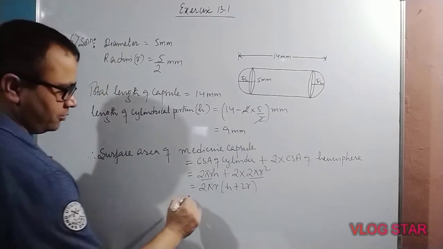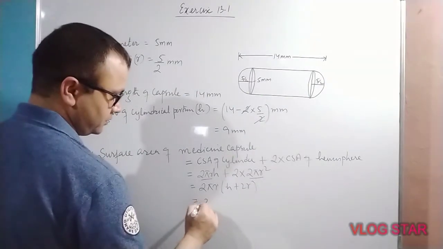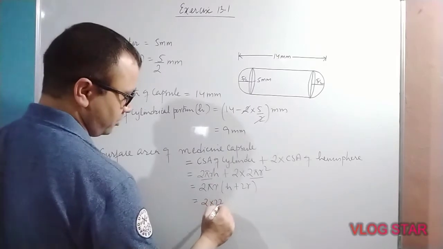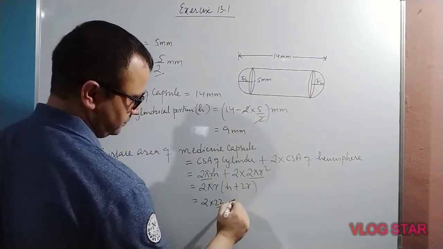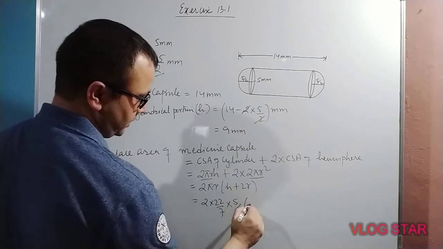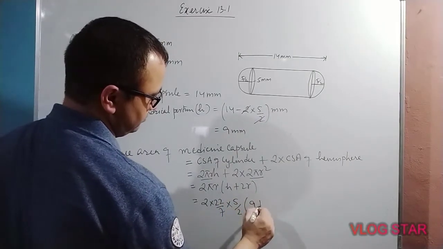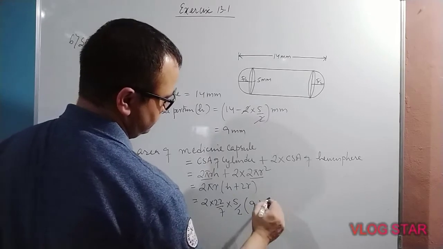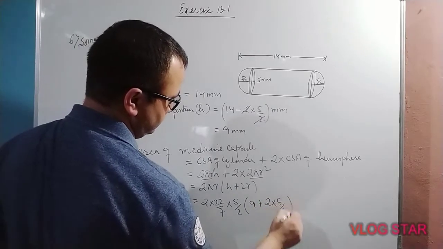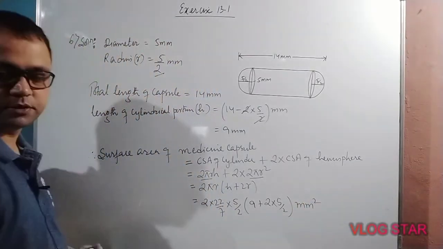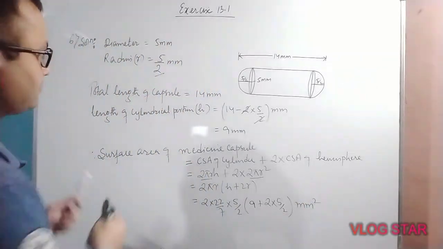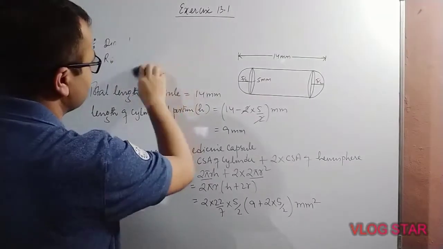So now put the values. 2 into the value of pi, which is 22/7, radius is 5/2, and h is 9 plus 2 into radius 5/2 millimeter square.